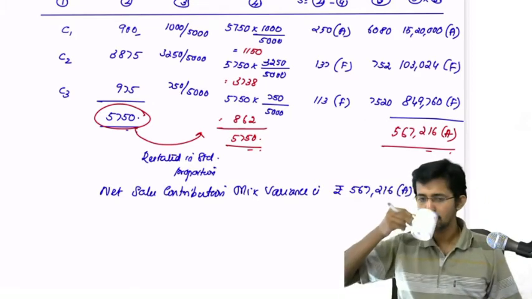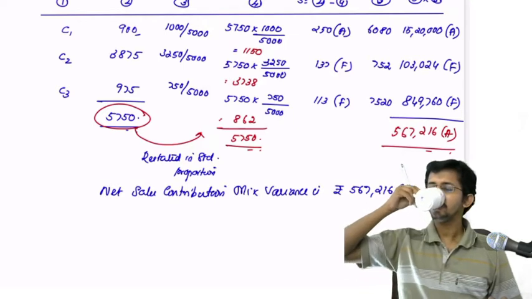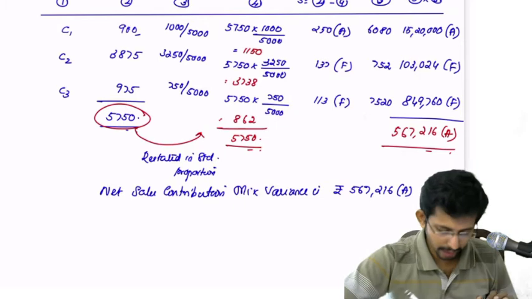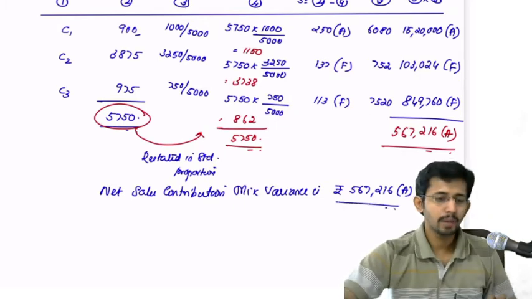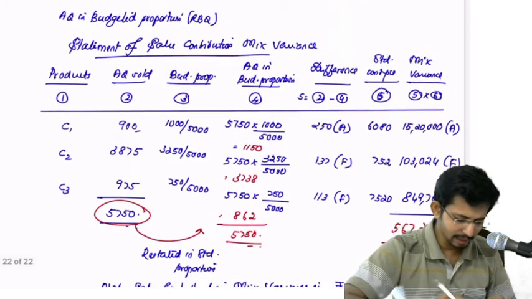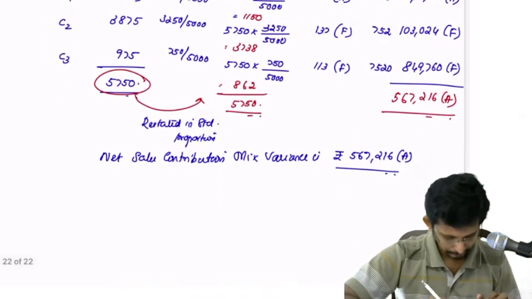Clear? Okay. Now what next? You have to find out sales contribution quantity variance. This is mix variance. Now quantity variance.